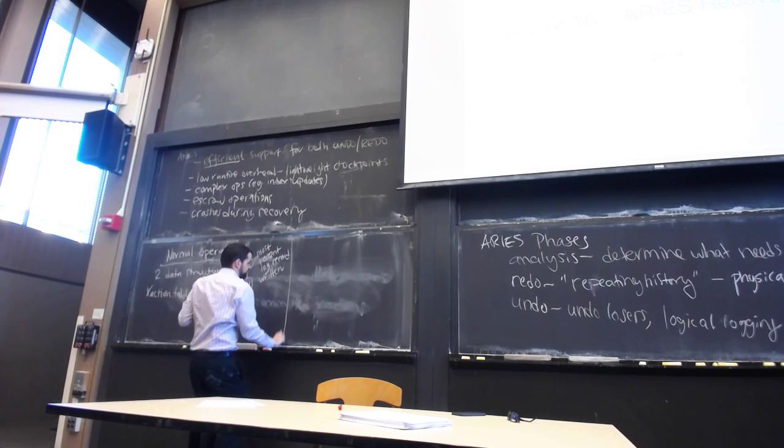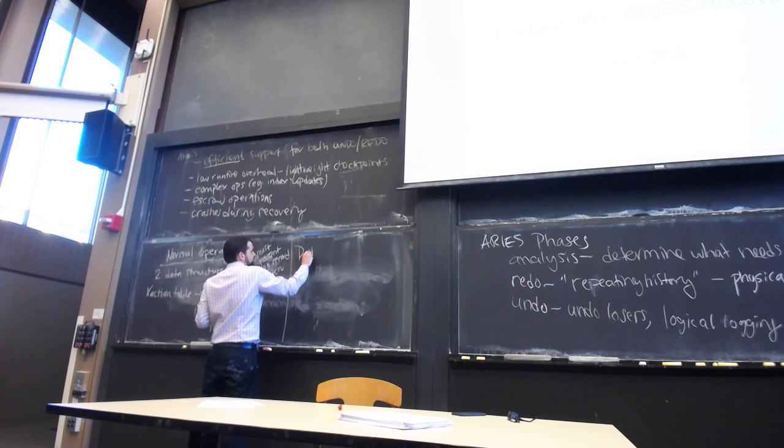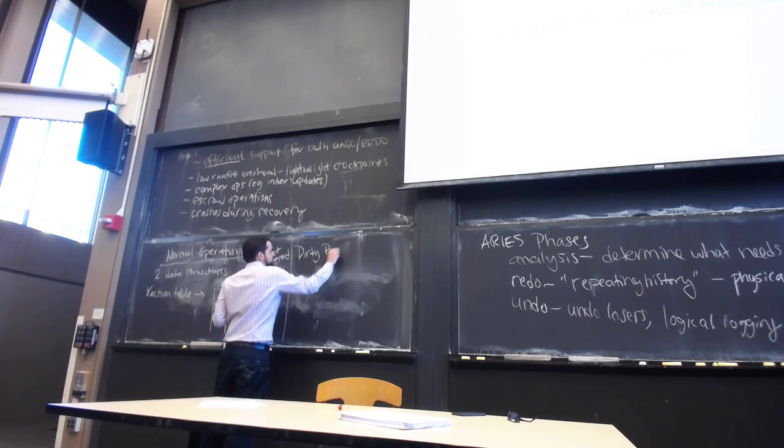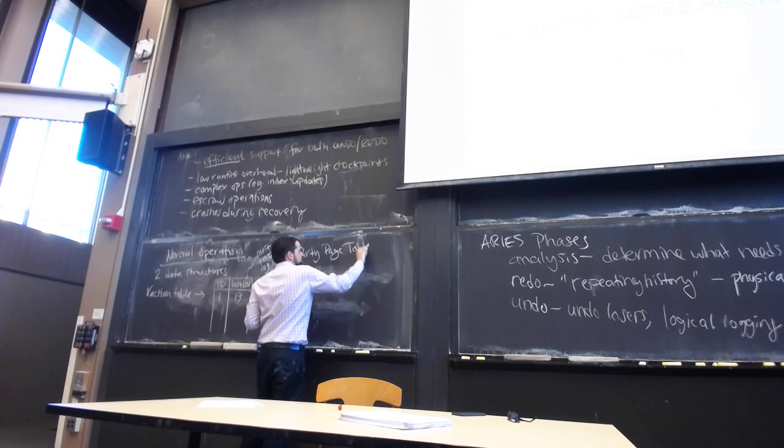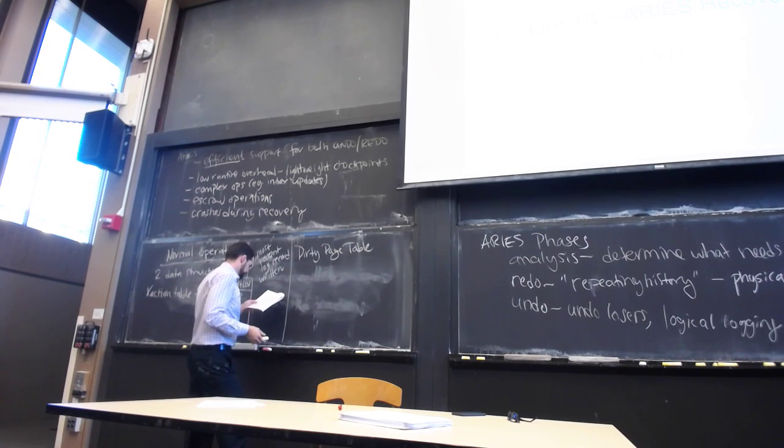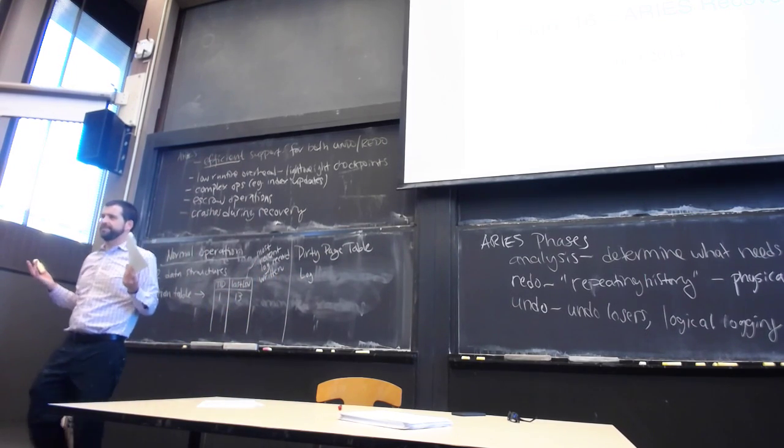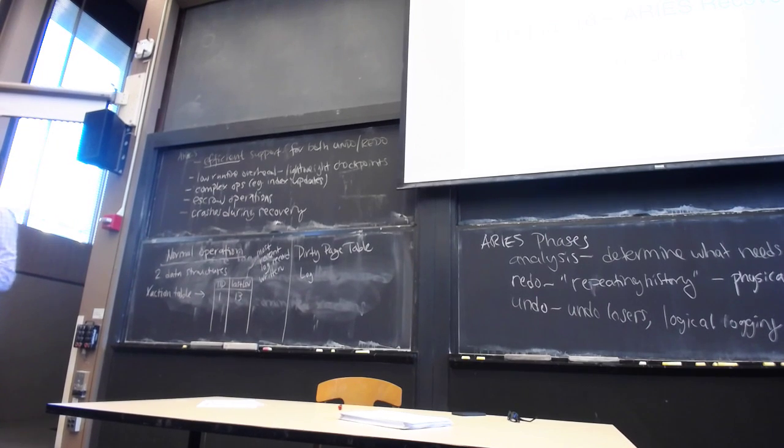And then the other data structure we're going to keep is what's called the dirty page table. The dirty page table is just the buffer cache in the system. So it's just a list of all the dirty pages in the system. But for every dirty page, we're going to maintain what's called a recovery LSN, which is the log sequence number of the first transaction log record that dirtied the page.